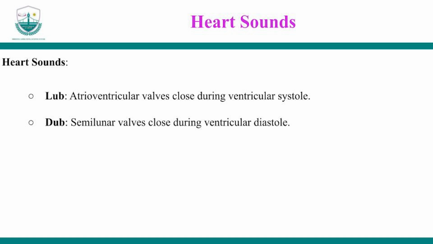So what we have just seen is the route taken by electrical impulses. We are saying that they are generated from the sinoatrial node. From there, they spread to the atria. And then when they reach a point which we call the atrioventricular node, you will have some slowing down.